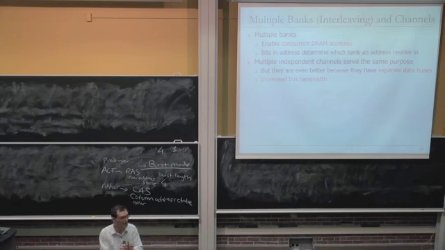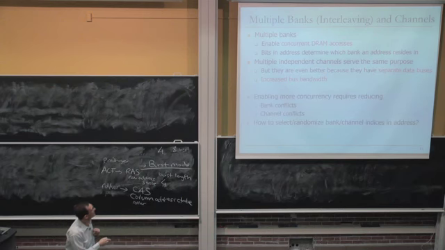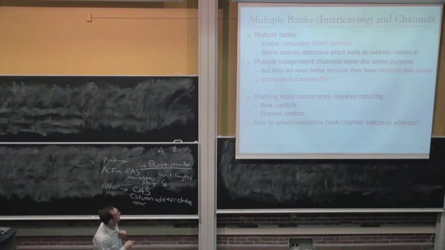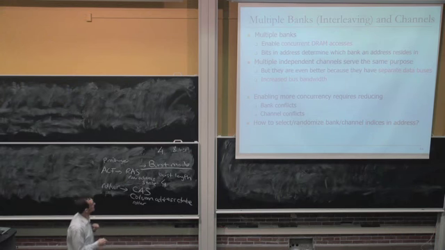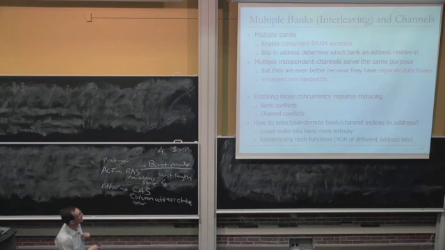Whereas channels do not share the data bus, which increases the bandwidth. So enabling more concurrency requires reducing bank conflicts and channel conflicts, right? We've seen this. And one key question is how to actually select and randomize bank and channel indices in the address.